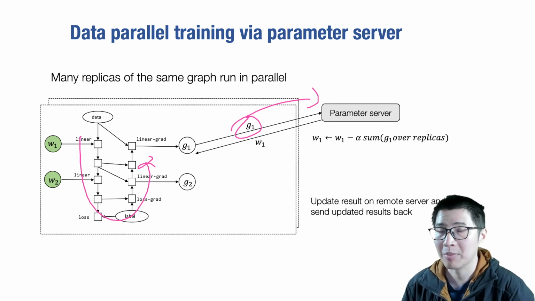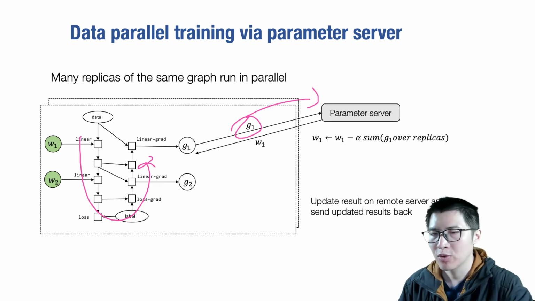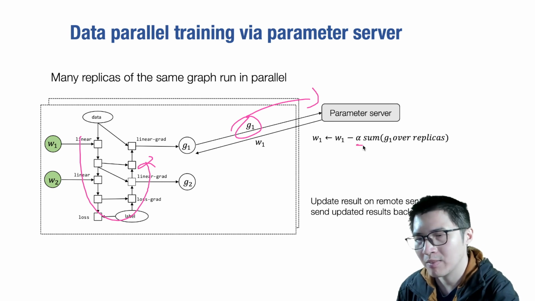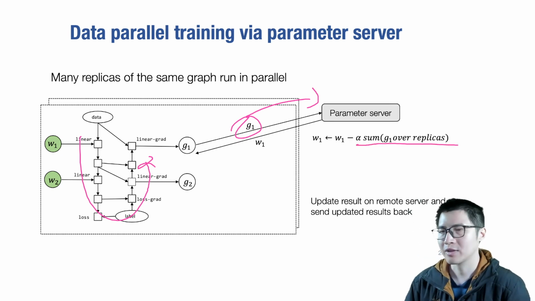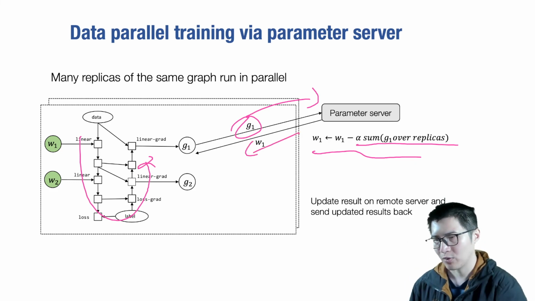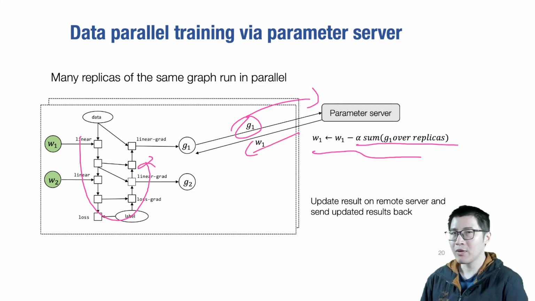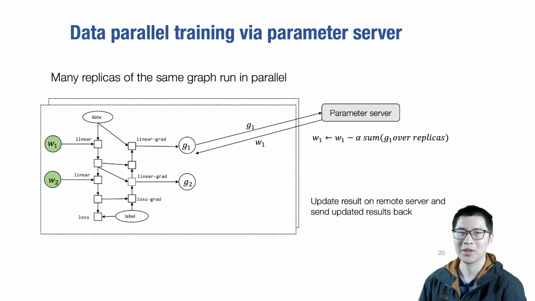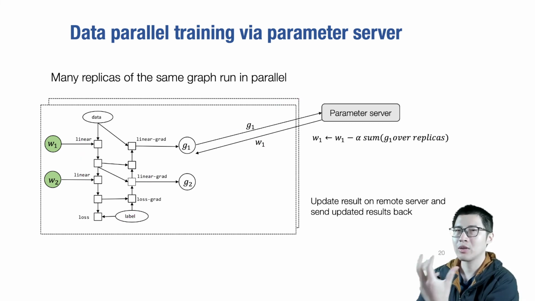After the parameter server gets the gradient values, it will be able to sum all the gradient values on the server side and run the weight updates there. Then it's going to send the weight back. So you can find that it's only a minor difference between Allreduce based data parallel training and parameter server based data parallel training.